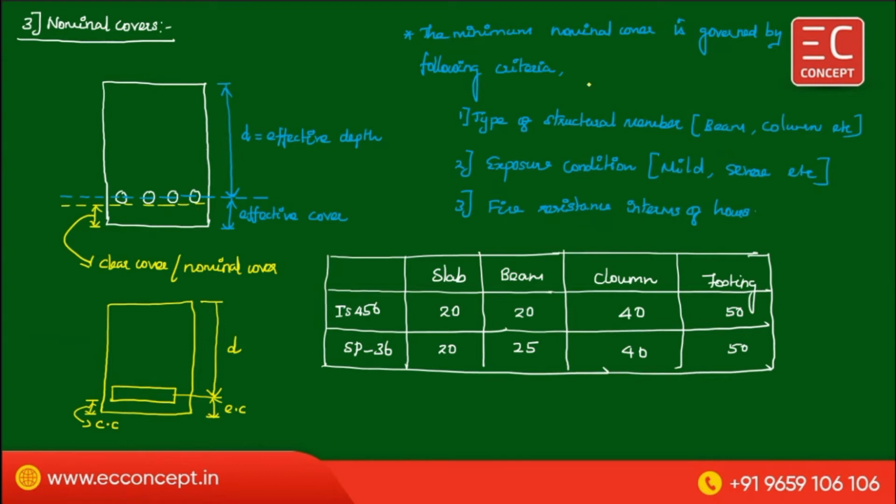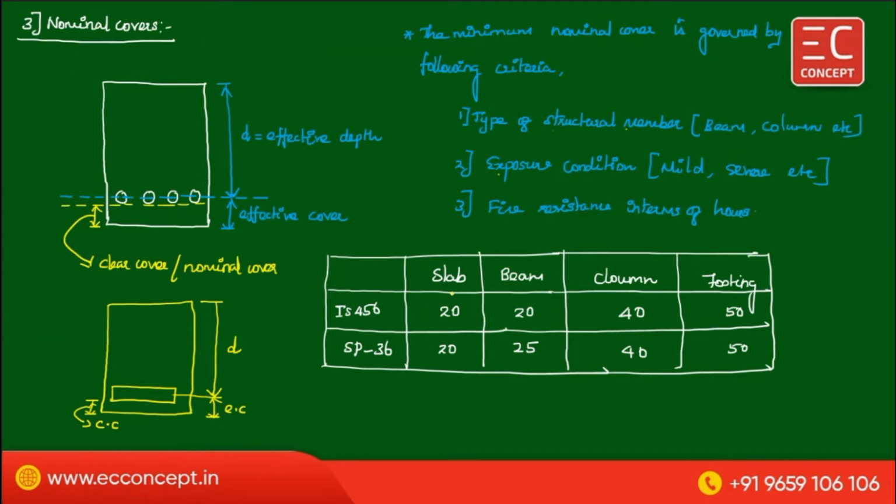Then the minimum nominal cover is governed by the following criteria. One, type of structural member. Two, exposure condition, meaning mild, severe, and so on. Then the fire resistance in terms of hours. Based on these three conditions, the nominal covers are used.